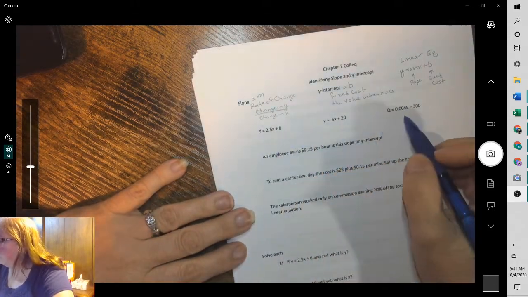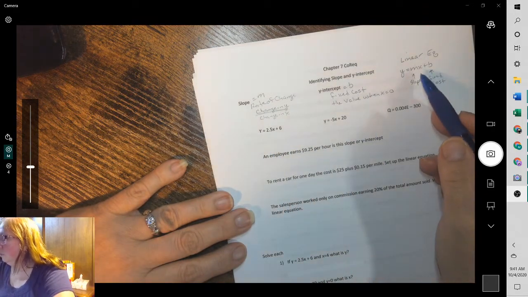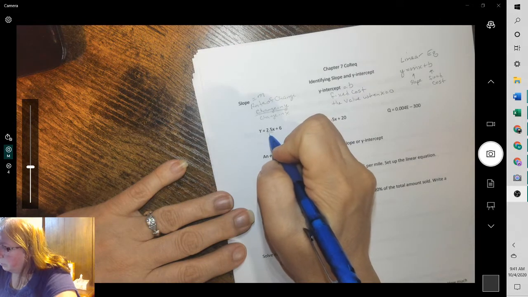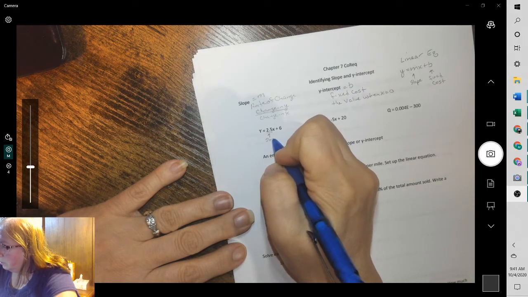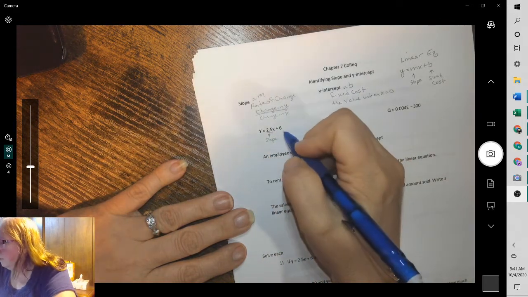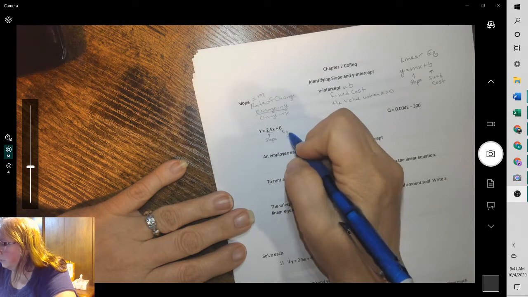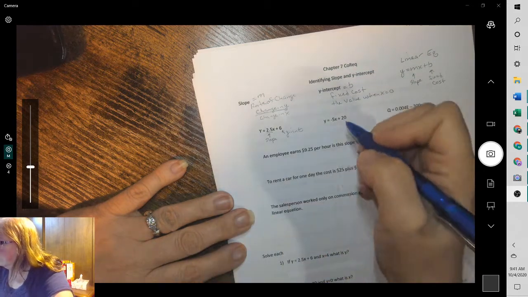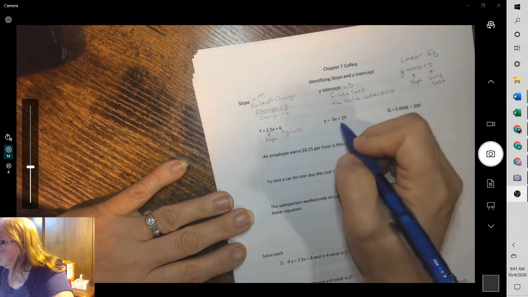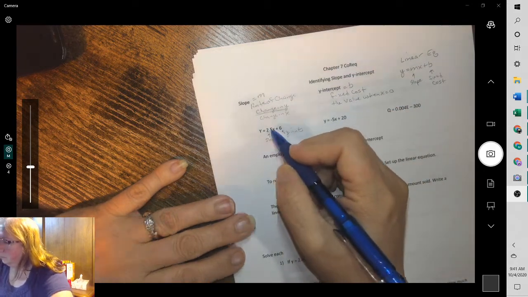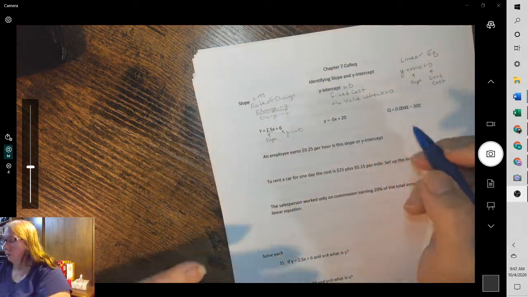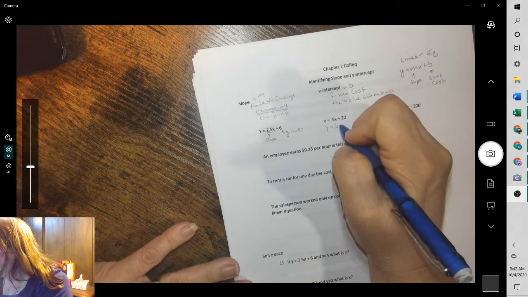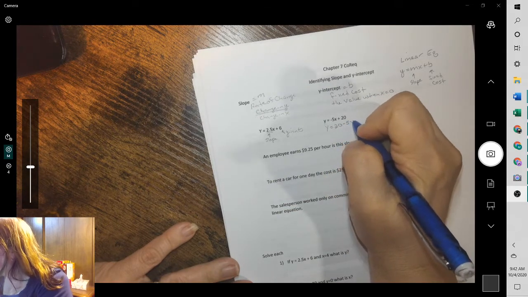So if we look at a few equations just to make sure, remember slope's always attached to the variable, so this would be our slope. So the slope would be 2.5, and this would be our y-intercept. They don't always have to be in this order. Just remember that the slope's attached to the x. A lot of times when this is negative, it would be written 20 minus 5x.